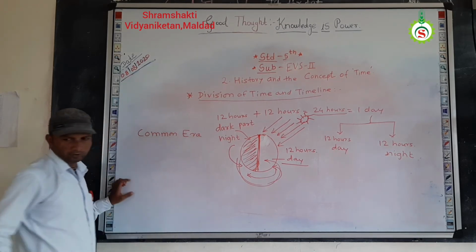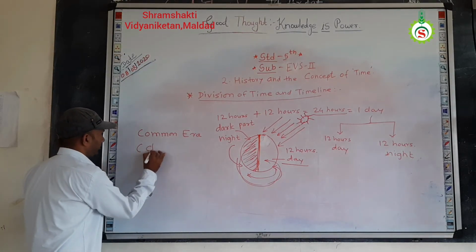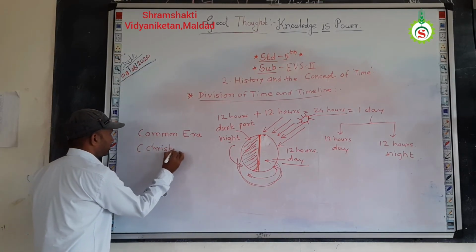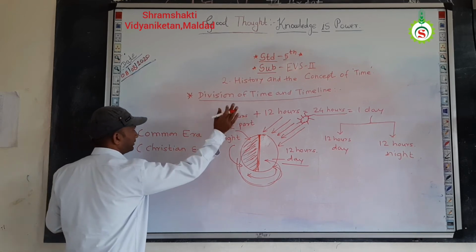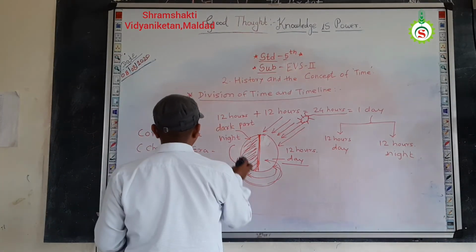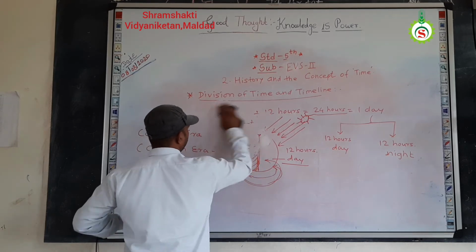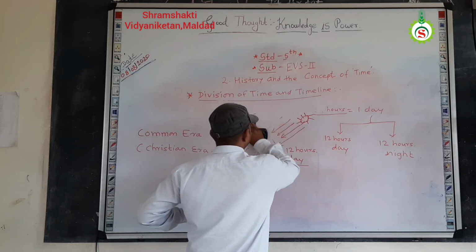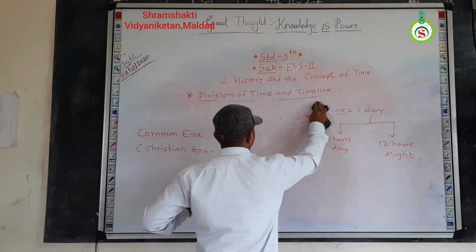Common era is also called Christian era. What is the short form of this? CE. Common era, Christian era is the short form of measuring the time.